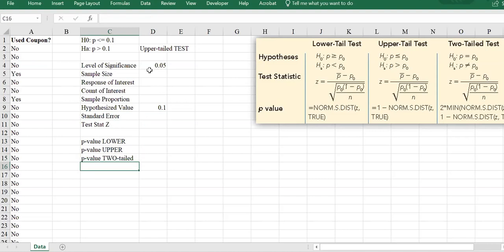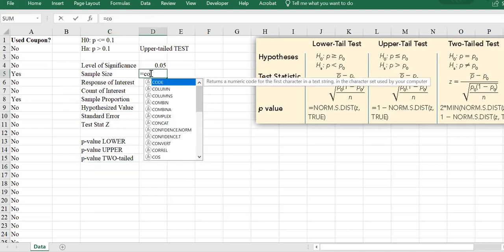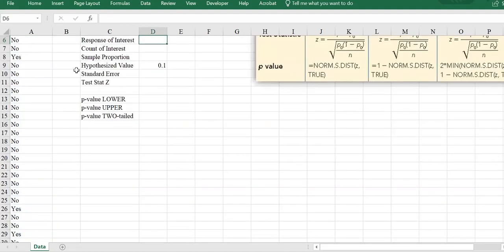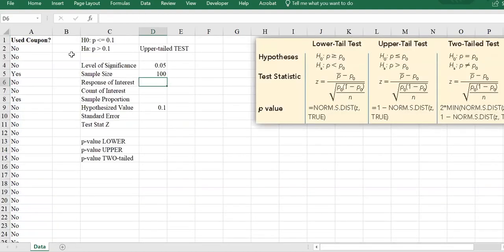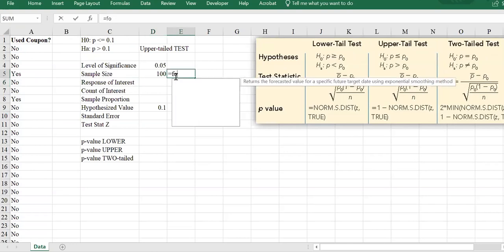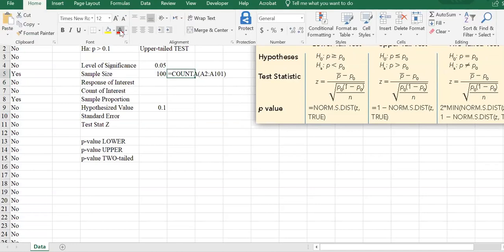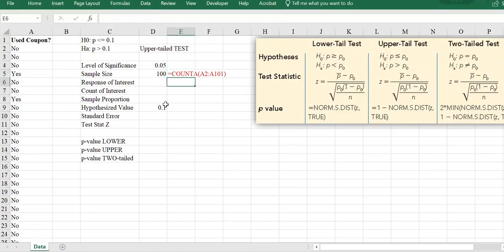All right. So the sample size is going to be count A of the sample, which is 100 users, right? 100, it's a count. Response of interest here in this case is yes. So this is the proportion of people who said yes to the coupon.